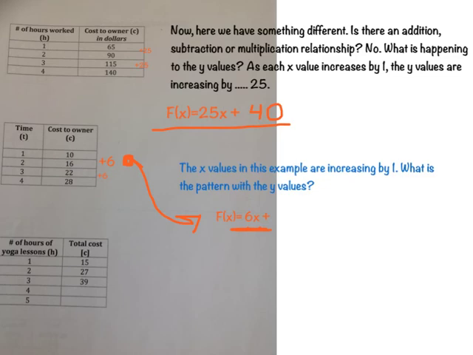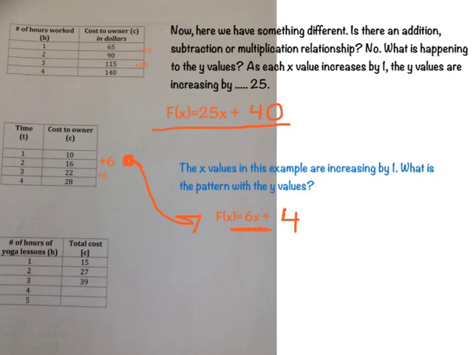Well, that's going to give you 4. But does it work? We need to check it. We can't just assume because it worked for the first one, it's going to work for all of them. So 6 times 2 is 12. 12 plus 4 is 16. It works. You can check with 3 and 4.